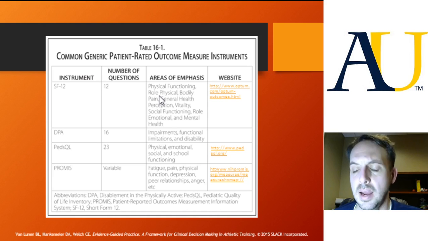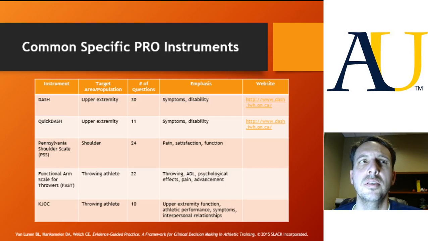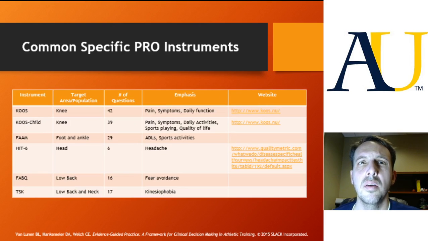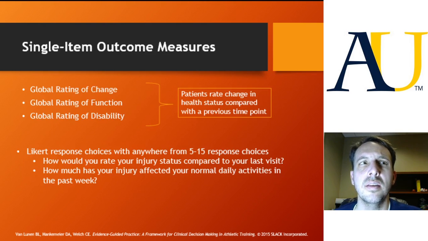So spend some time looking at that, both for the generic as well as the specific patient-rated outcomes. And so you can see that there are specific patient-rated outcomes for all sorts of different conditions that would be associated with patients that are physically active. And you can use these then to track the specific changes.